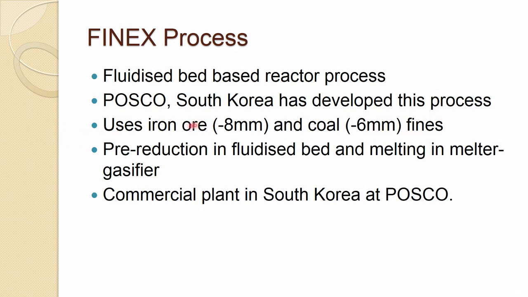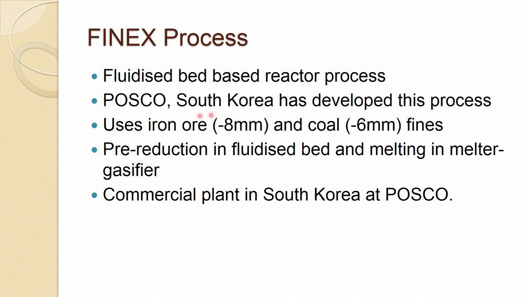So, the major advantage of this is using the fines, because lots of fines are generated from mining till the melting operation, and those become a problem. Then you have to use agglomeration techniques, pelletization and a sintering plant, and extra investment in ironmaking processes.